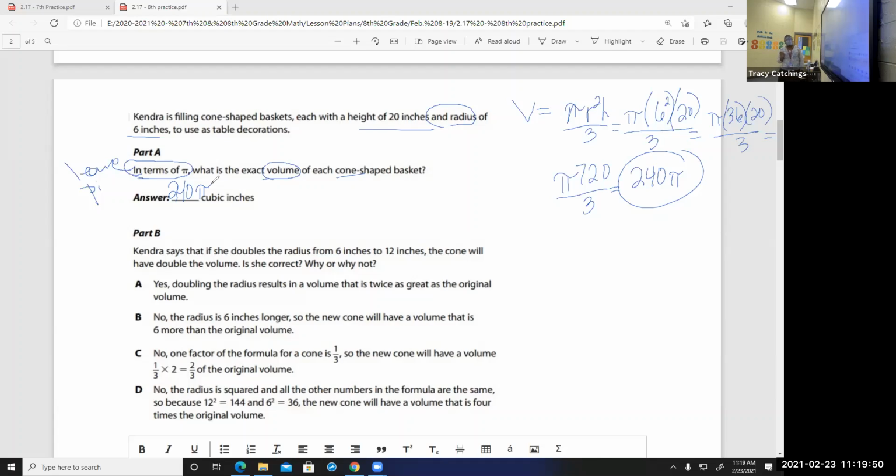All right, part B said, Kendra says that if she doubles the radius from 6 to 12, then the volume will be doubled. Now let's see what happens to the volume.